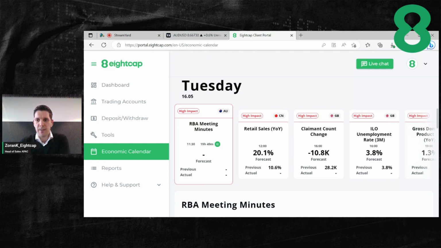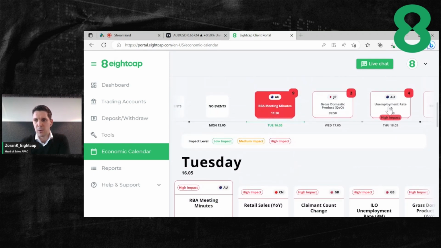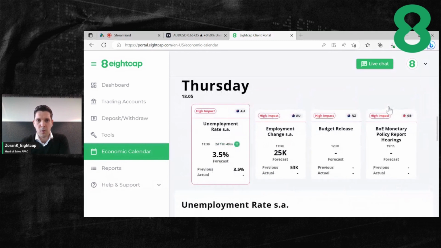The other event that we have is the unemployment data as well. So if you have a look at the AUD for Thursday, we've got the unemployment rate, previously at 3.5% and forecast to be in line at 3.5%. Any revision on that, or any change to the 25,000 jobs, as previously it was 53,000 jobs, could push the Aussie quite a bit.